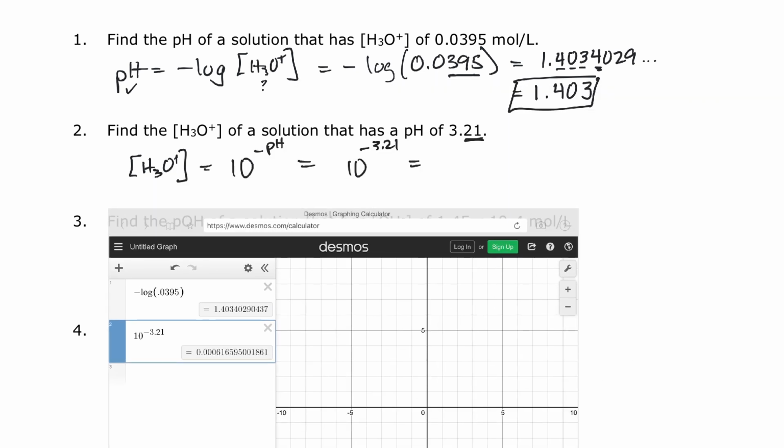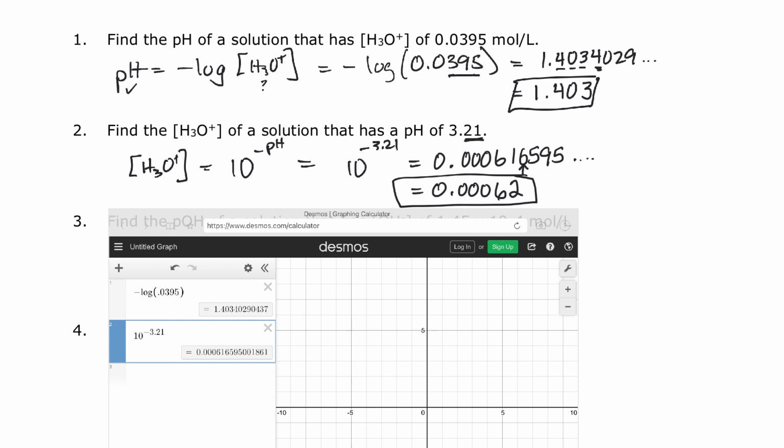So my answer came out to 0.000616595, etc. So in the pH, I only had 2 sig figs, so I can only give 2 sig figs here. So 0.000, front zeros don't count. There's my first sig fig. Since this one is above 5, I'll round that up to a 2. So this would be my concentration of hydronium ions.